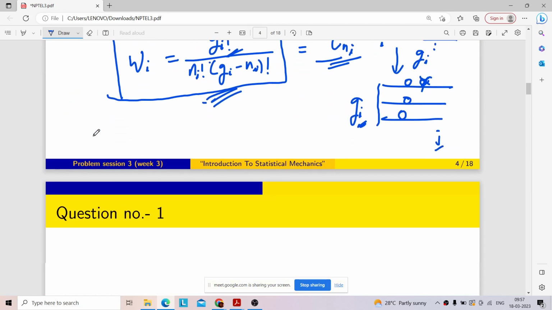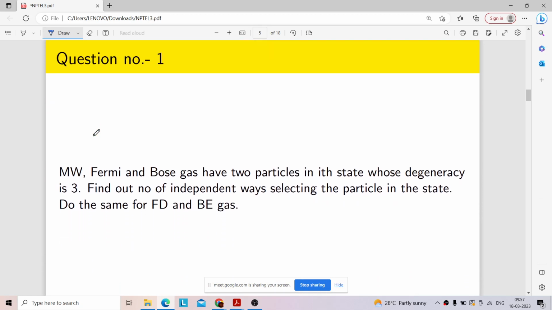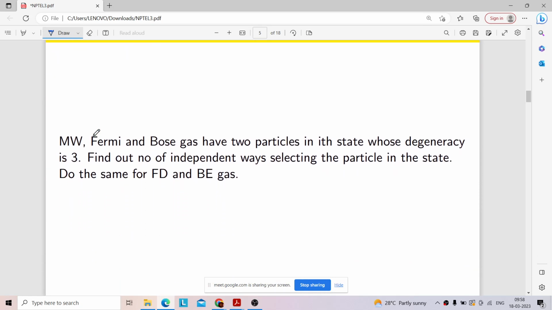So now we'll apply this. Okay. So we have Maxwell, Fermi, and Bose gas, and we have n equal to two particles in the ith state, whose degeneracy is 3.